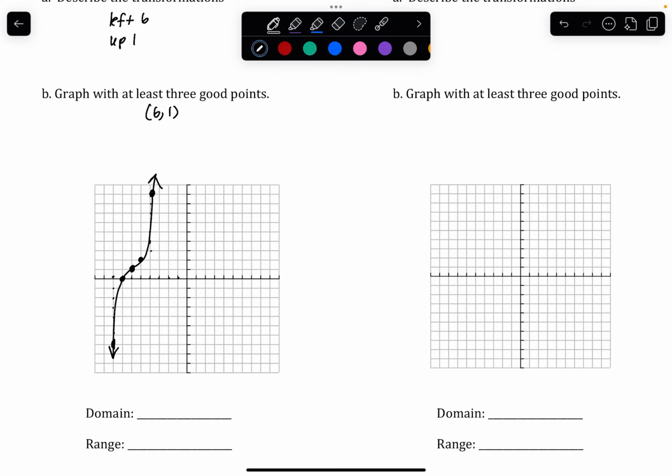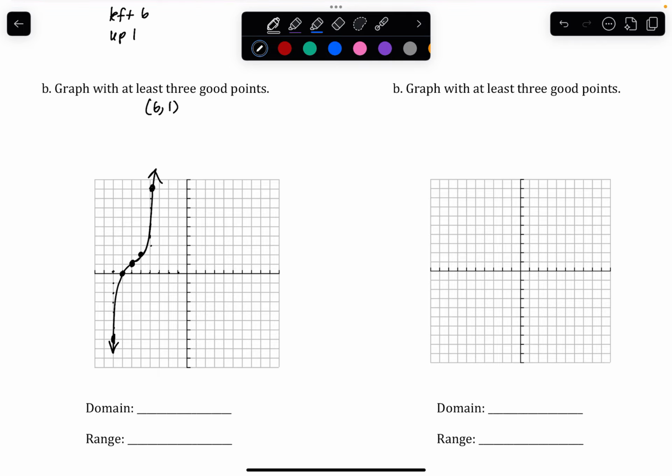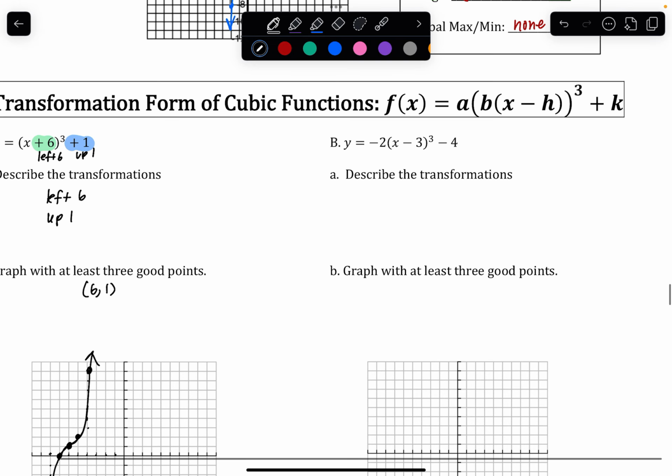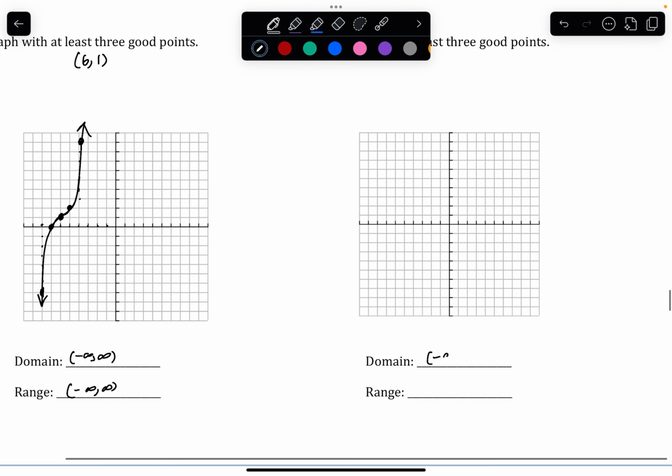Okay, and so to make that inflection point act like you're putting a parabola opening up connected to a parabola opening down. And so domain, all real numbers all the time, same with the range. Anytime you're working with a cubic function, you don't have to think about either.